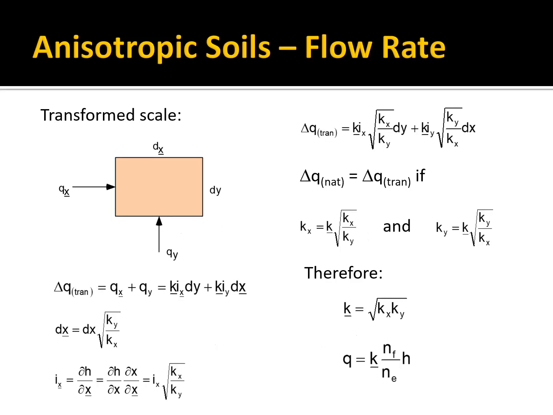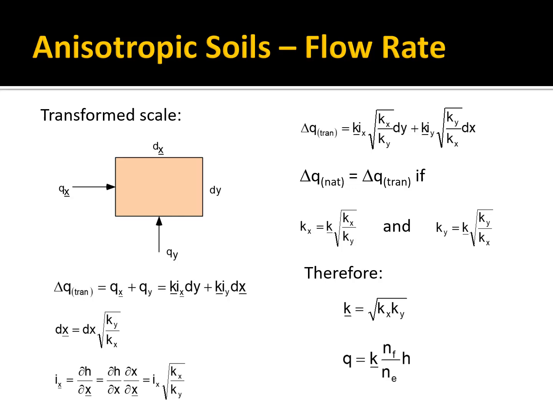And again, if we go back to our transformed scale, we have a QX, the total, now we have a dx transformed and a QX transformed. And remember, the transformed dx is equal to the original dx times the square root of ky over kx. And so we have to change how we calculate the hydraulic gradient in the x direction.